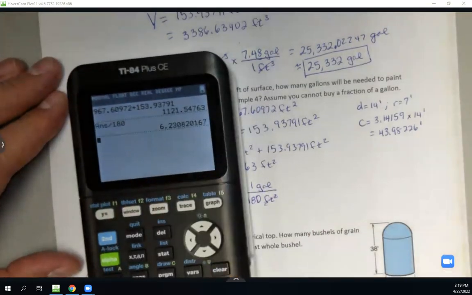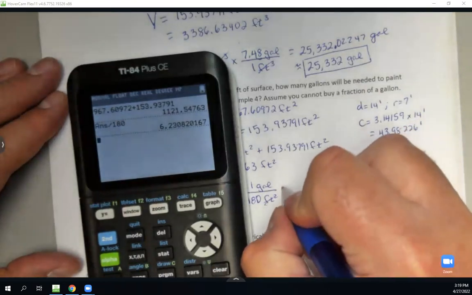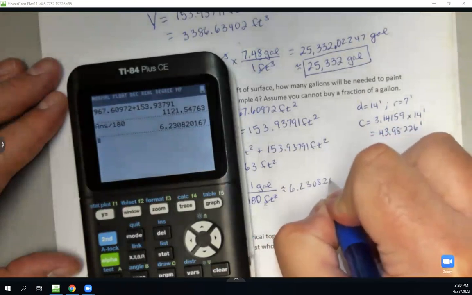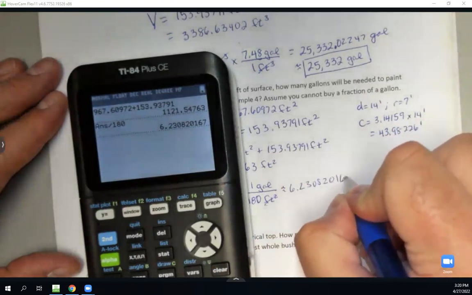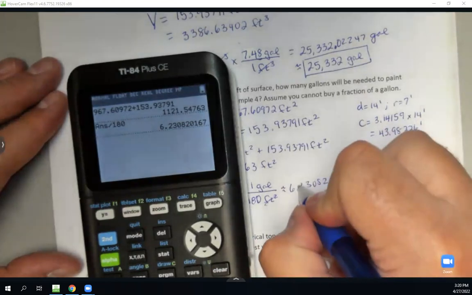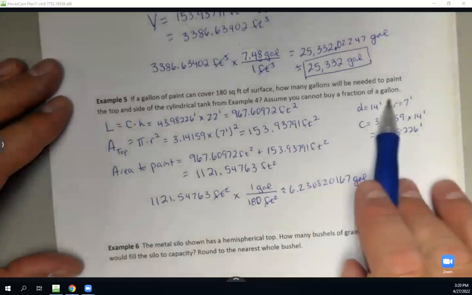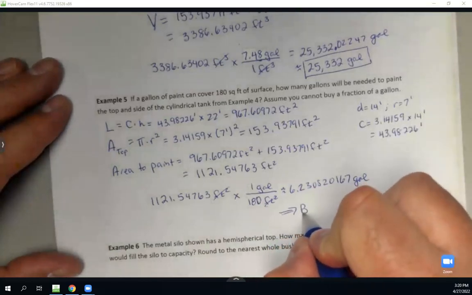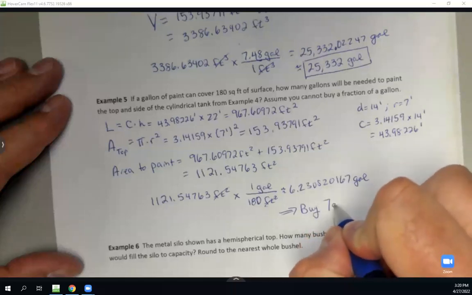So that is 6.23. So I'm really going to need about 6.23 gallons. But again, it said that we can't buy fractions of a gallon. So we're really going to have to buy 7 gallons.